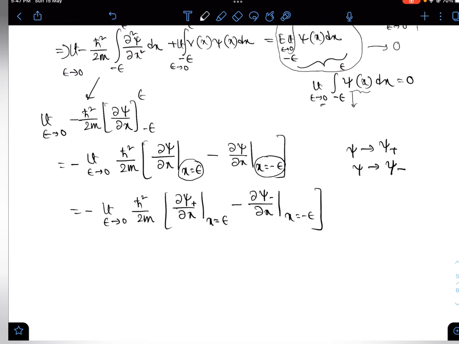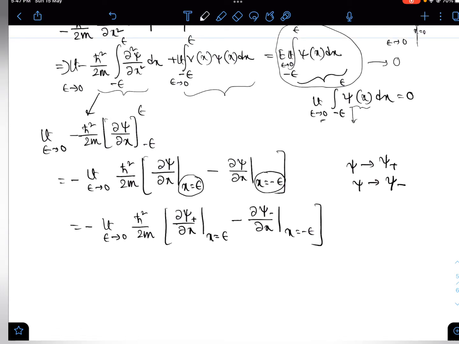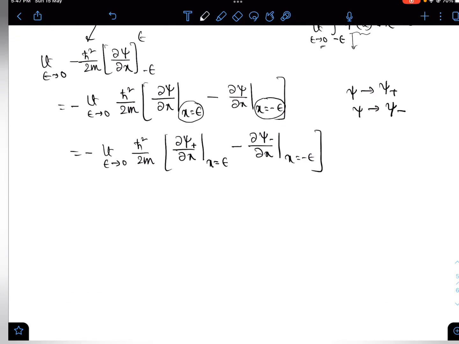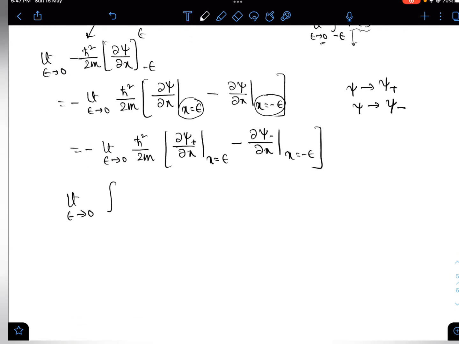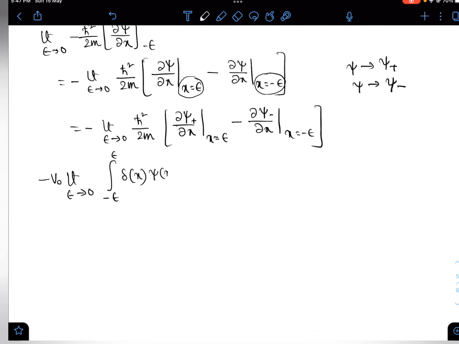This is what we get from the first term. From the second term we get limit epsilon tends to 0 of the integral from minus infinity to infinity, and V is minus V0 delta x, times psi x dx.